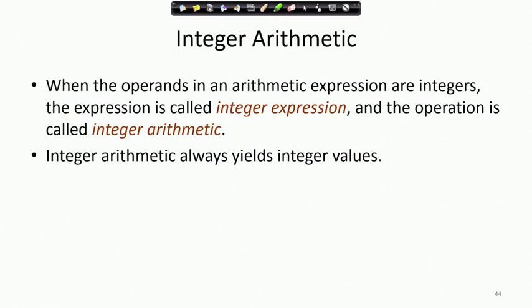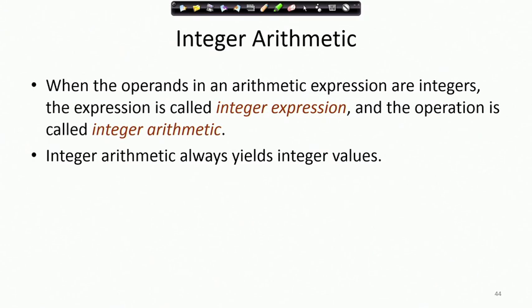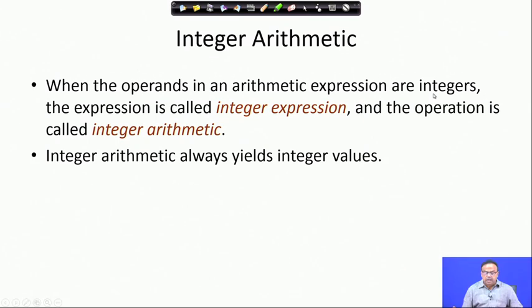Now, we are coming to a very important concept of arithmetic expression evaluation, integer arithmetic. What does it mean? It means that when the operands in an arithmetic expression are integers, then the expression is called an integer expression and the operation is called integer arithmetic.